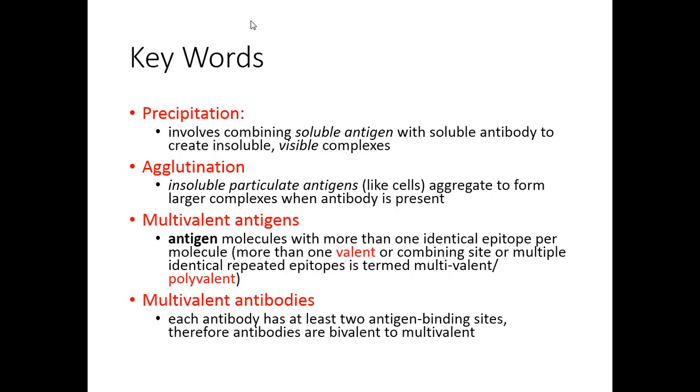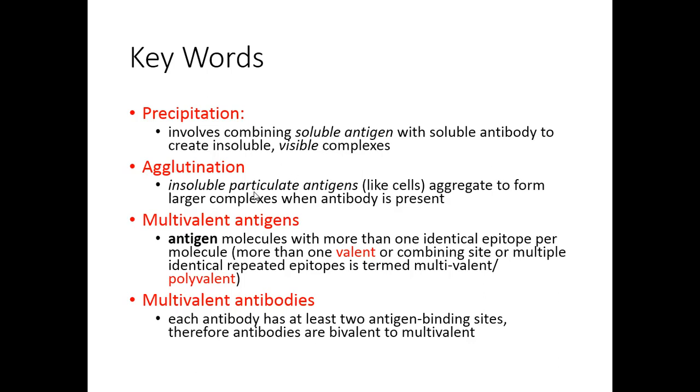So precipitation, if we look at this definition: precipitation reactions involve combining soluble antigen with soluble antibody, and once they bind together, they create an insoluble, ultimately visible complex. So you start out with two invisible, soluble things, and when they bind together, they create visible complexes that we can actually measure in the laboratory.